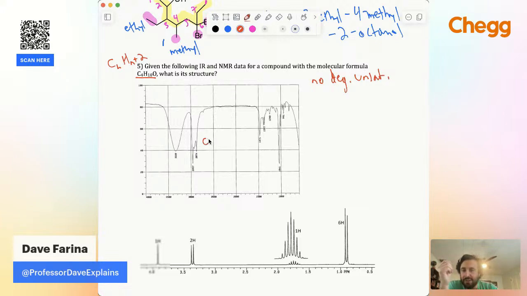Apart from the saturated CH stretch, which is going to be on almost any organic compound, over here we have the OH stretch. Even just from the molecular formula we were probably ruling out carbonyls, and we see there's no carbonyl stretch. So if there's no carbonyl stretch, there's no carbonyl.